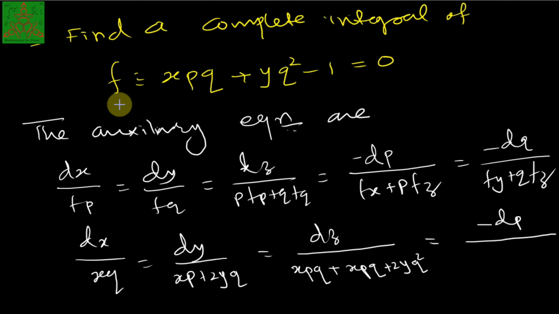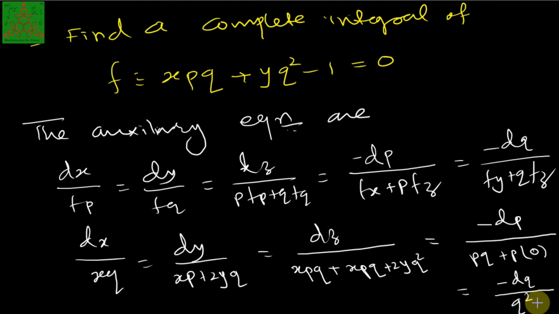The derivative of this with respect to x gives me p into q plus p into fz. Fz is 0, so that means p into 0, is equal to minus dq upon the derivative of this one with respect to y, which gives me q square plus 0 because fz is 0.